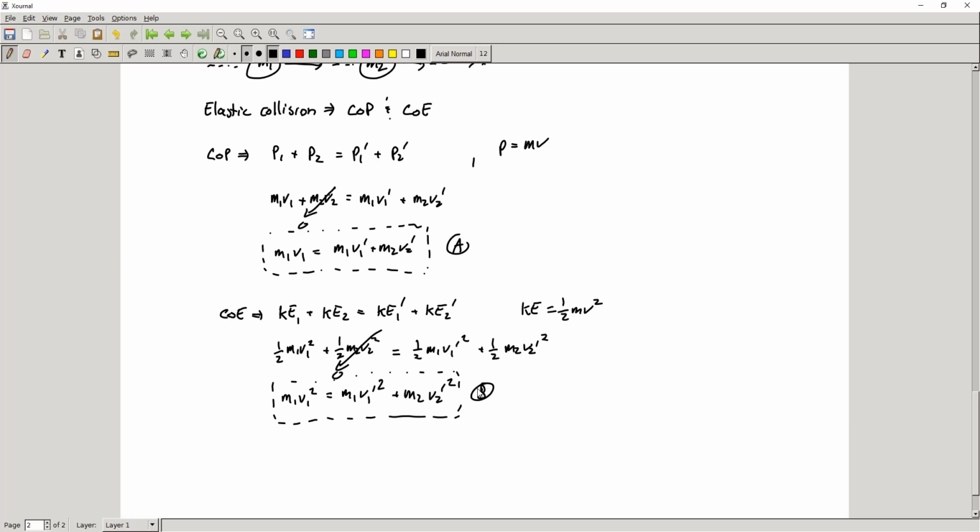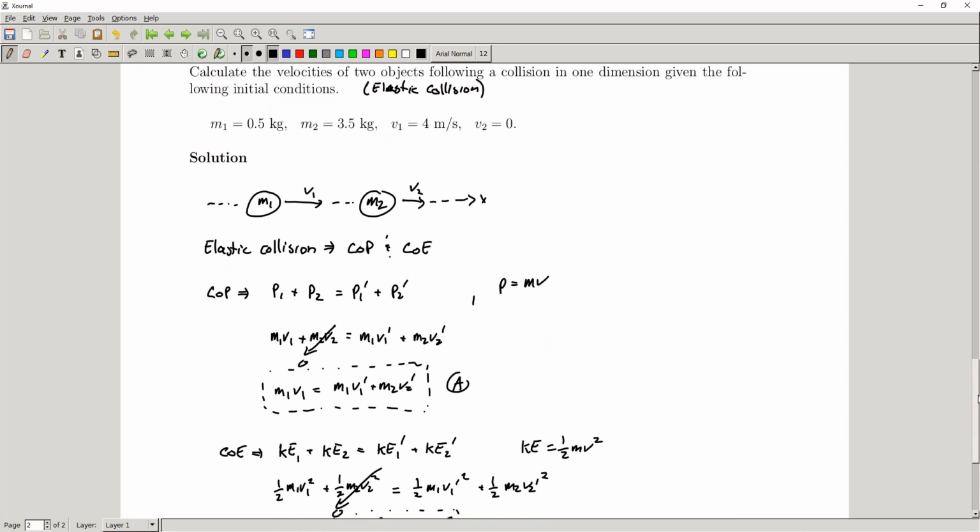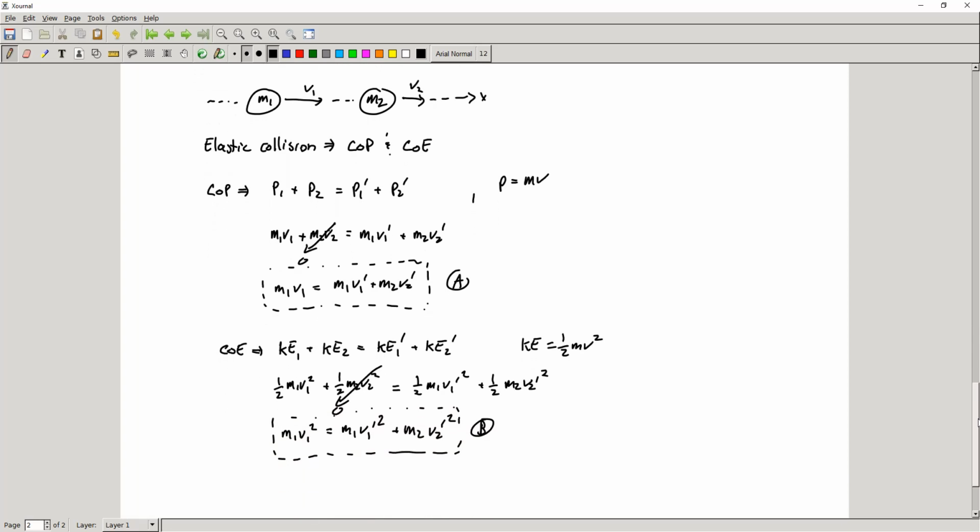Okay, so what do we sort of have here? Well, maybe first, what do we know? We know what M1 and M2 are, and we know what V1 and V2 are, right? So all these M's are known. V1 and V2 we know, so all these V's without primes we know. The only things we don't know are V1 prime and V2 prime, right?